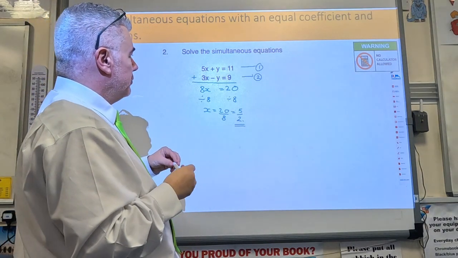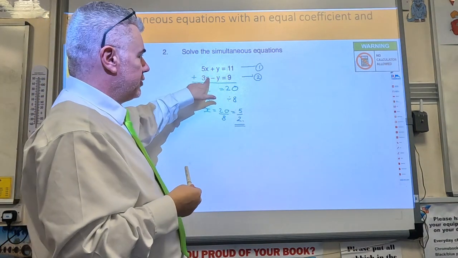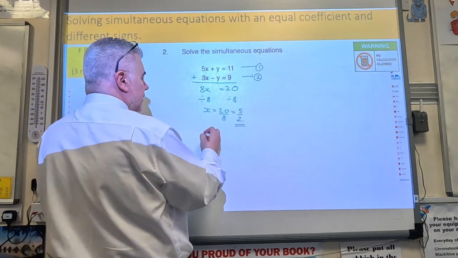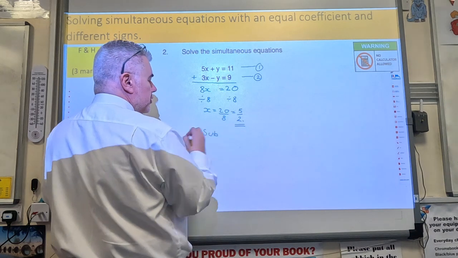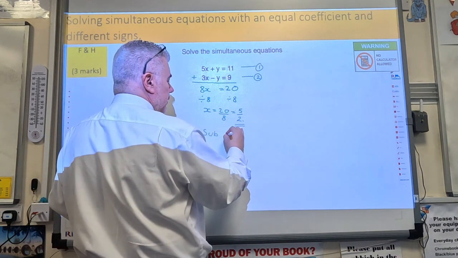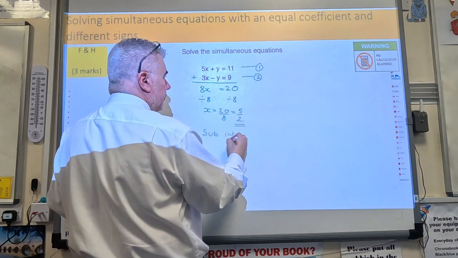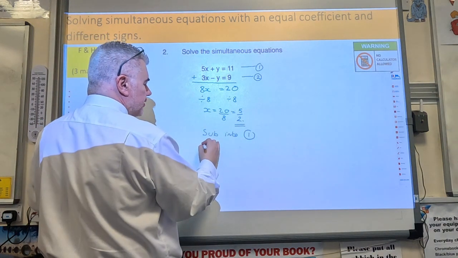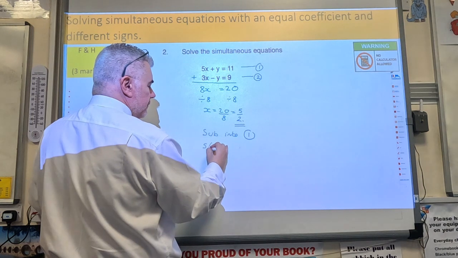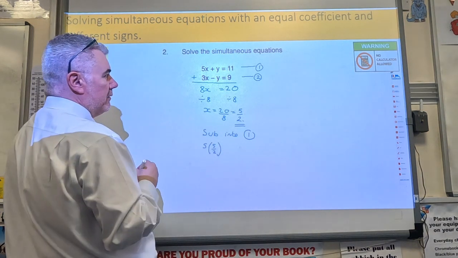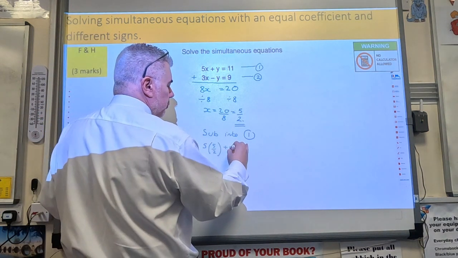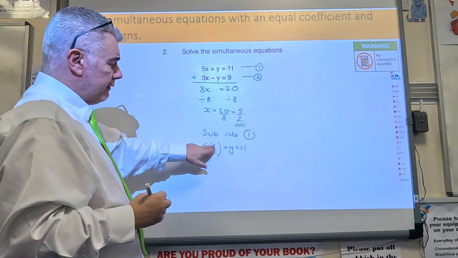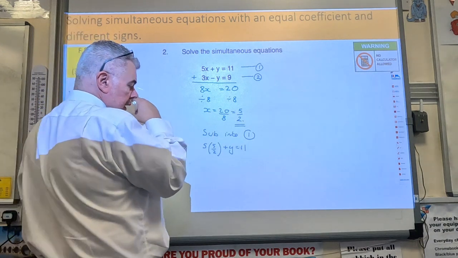I'll put it into the first one, just because I'm trying to avoid this negative. It can make things a bit awkward when you've got a negative. So let's sub, short for substitute, into 1. I've got 5 lots of 5 over 2, that's how I'll write that, plus y equals 11. 5 lots of 5 over 2.